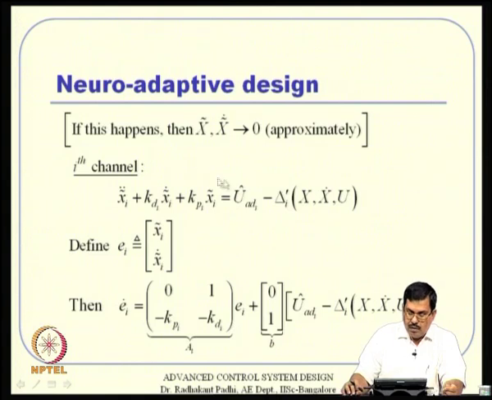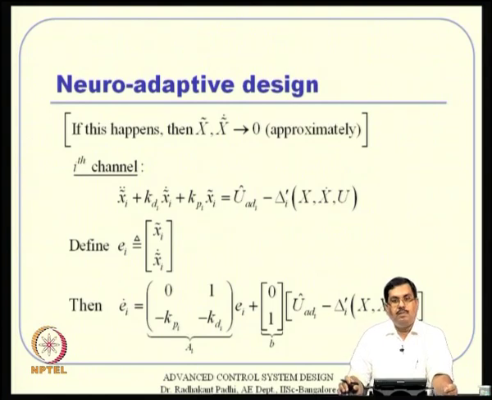Now, this aerodynamics I want to represent in terms of a state space equation. So I will define E_i as x tilde and x tilde dot, the standard definition of phase variable form. Then E_i dot is a vector equation, a 2 by 1 vector, in standard vector form. Why do we need that? Because the Lyapunov theory that we want to apply here demands that the system dynamics be in state space form.